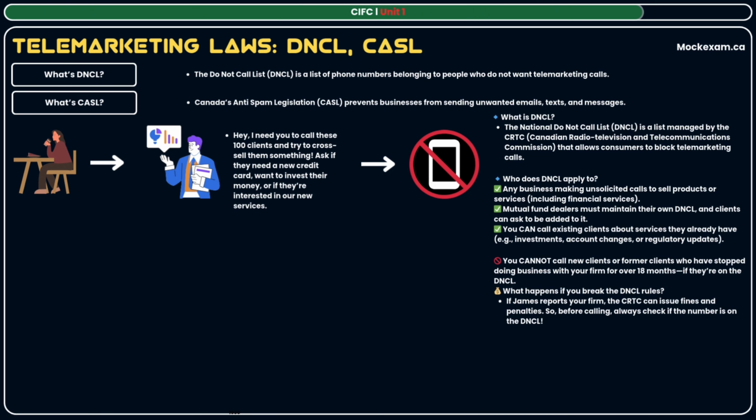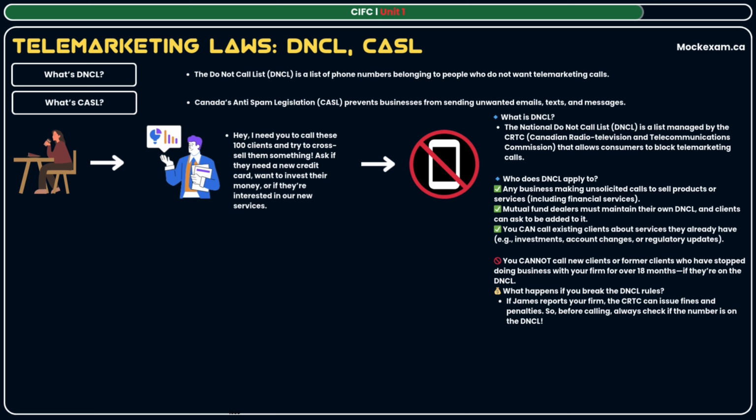But what happens if you break the DNCL rule? If James, a client, reports your firm, the CRTC, which manages the DNCL list, can issue fines and penalties.